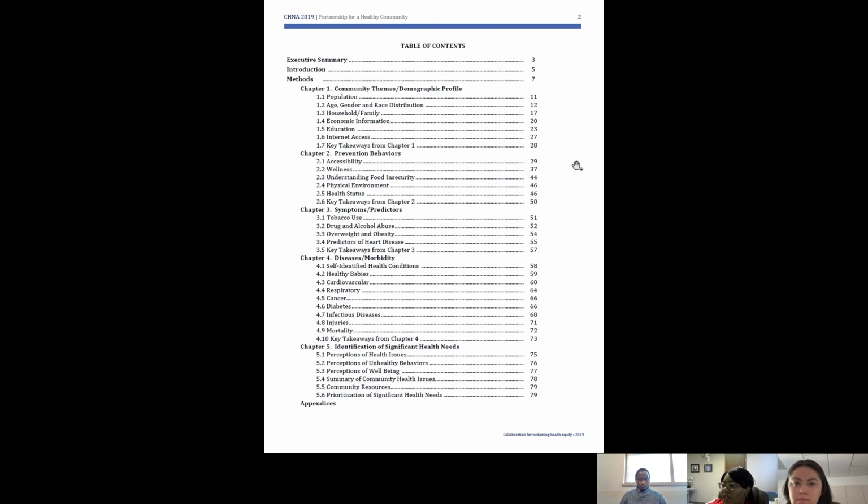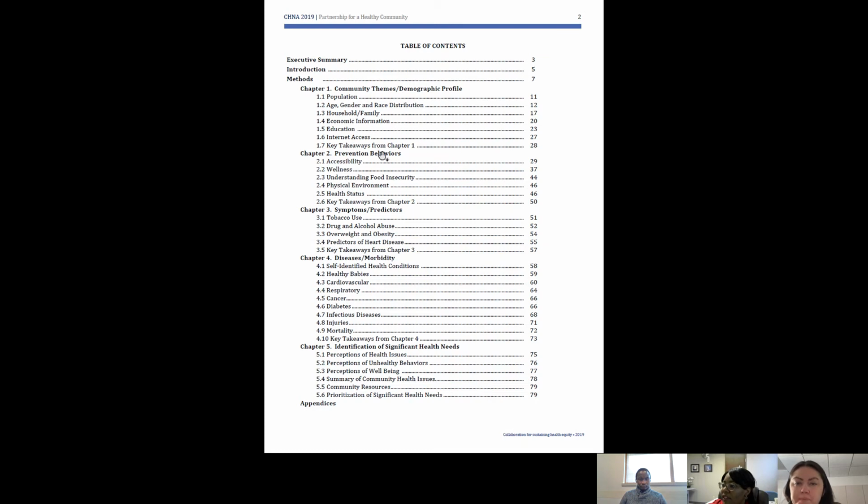So this is the table of contents. Again, it's going to be a very high level overview. I'm not going to do a deep dive, but I want you to understand the process of how we arrive at our health priorities for our community. The table of contents is sectioned with the actual methods. There are demographic profiles of our community by various categories.